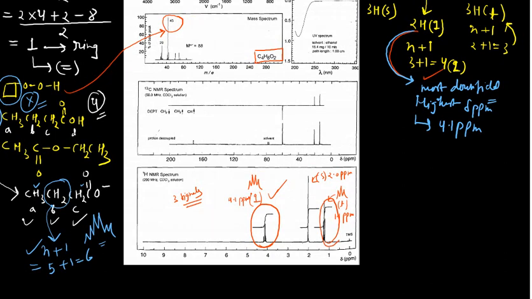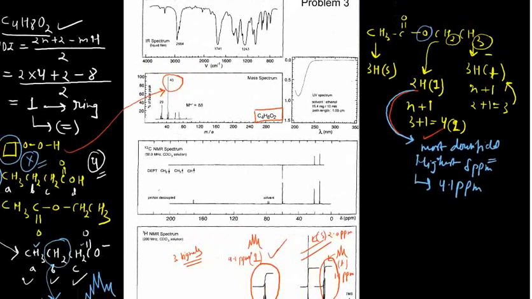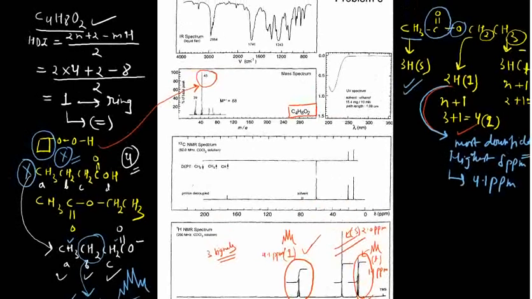While this singlet will have the intermediate value. Why? Because this singlet is connected with the electronegative carbonyl. So this confirms that you have this particular structure. That means this compound is an ester. So you can mark this structure as the correct structure.